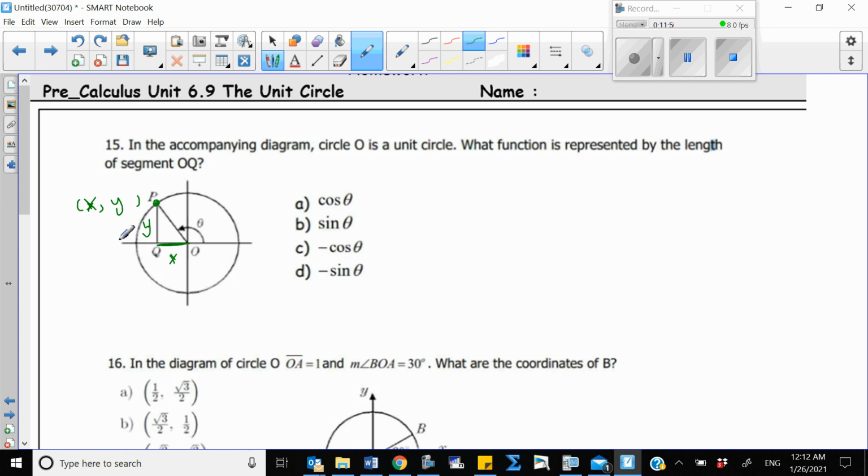We also learned that if we have a unit circle here, and it's given as unit circle, x is cosine and y is sine. But here's the thing, this x value is on the left side of the x-axis, so it's basically negative. So what do we have here? By this side, we have negative cosine.